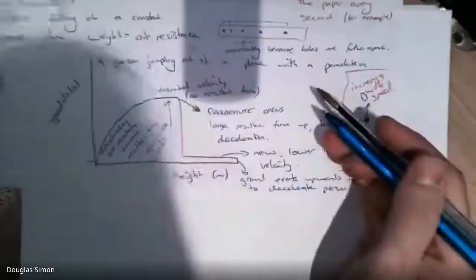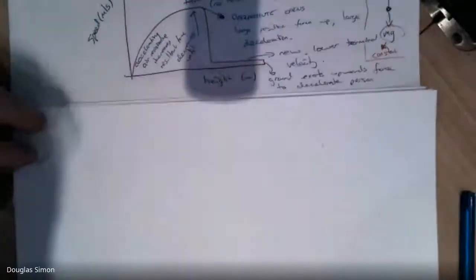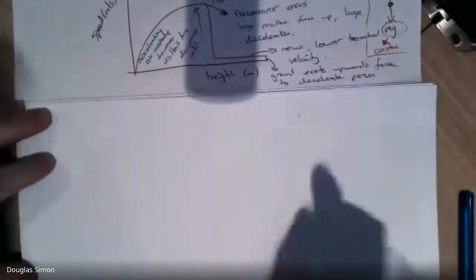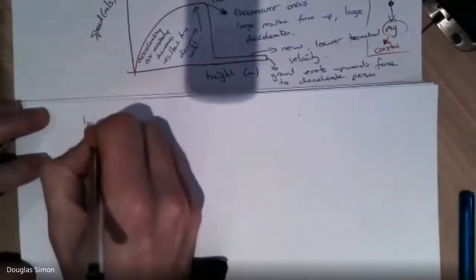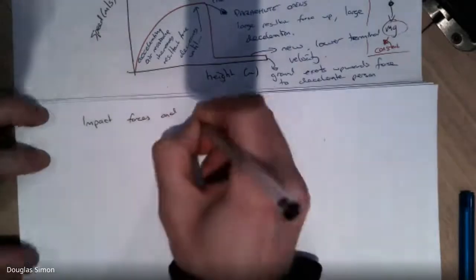Okay, we'll look briefly at the other kind of application of F equals ma, how they will make questions harder. And I'm going to set you off on some practice questions. So we're going to look at impact forces and car crashes.